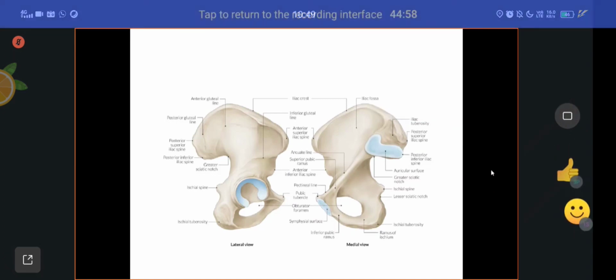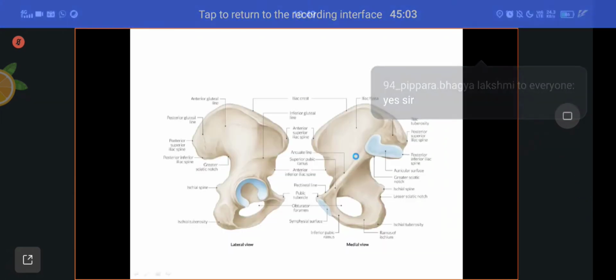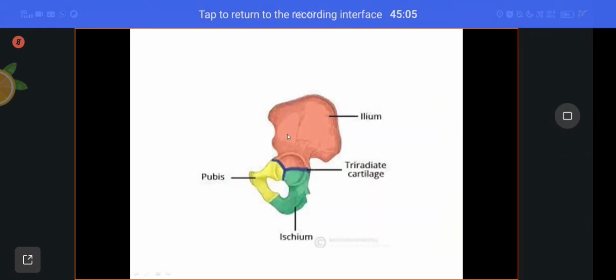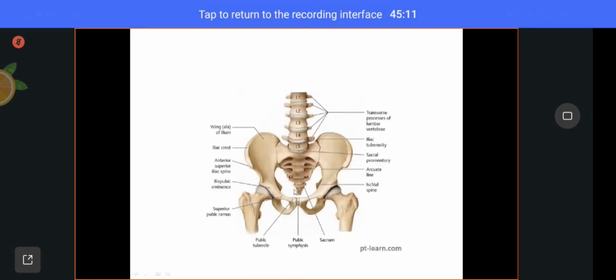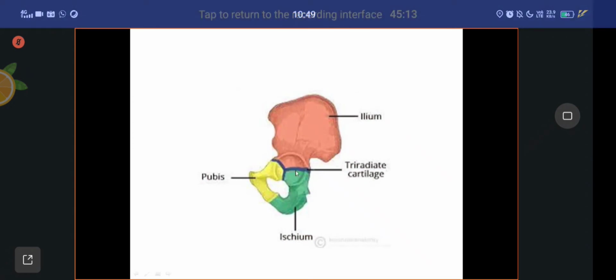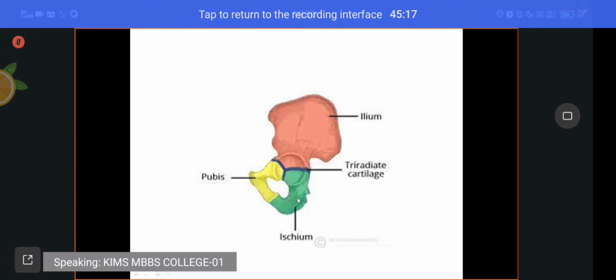Now coming to another part, the ischium. First we discussed only the ilium, and now we are going to discuss the ischium. This ischium also has an upper end and lower end, and it has a body and ramus.